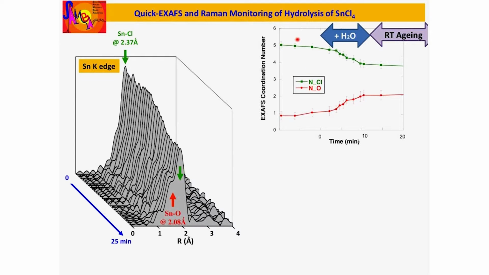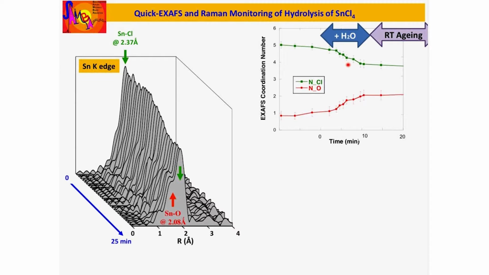More quantitative results can be obtained through a least square fitting of the EXAFS data. Here you have the EXAFS coordination number determined for chlorine and for oxygen during the water addition and aging.